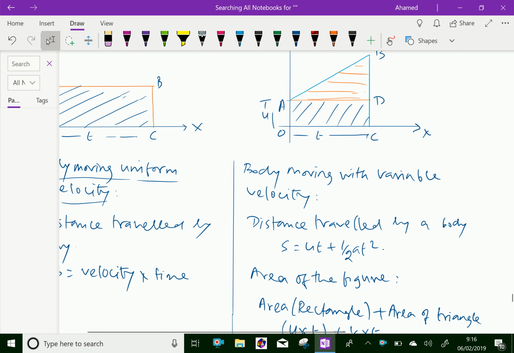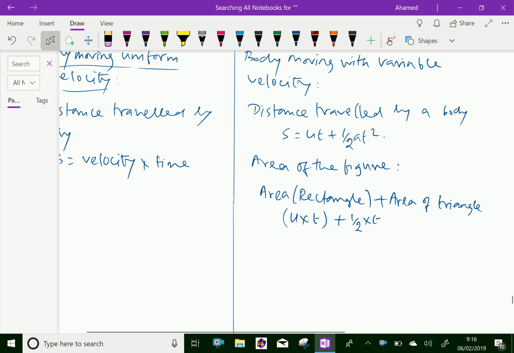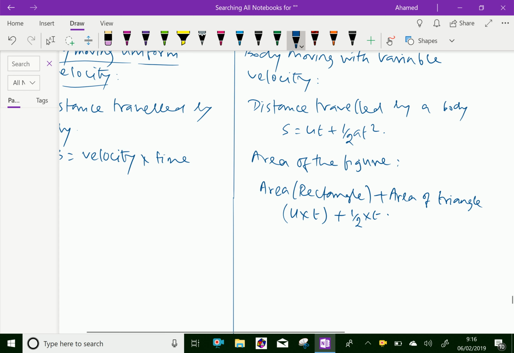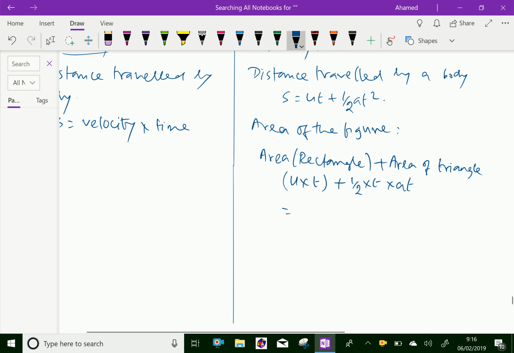Here at is the height. Half into t is the base and the height is at. So we can write this as ut plus half at square.